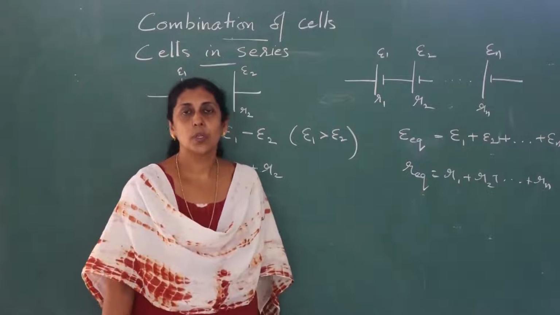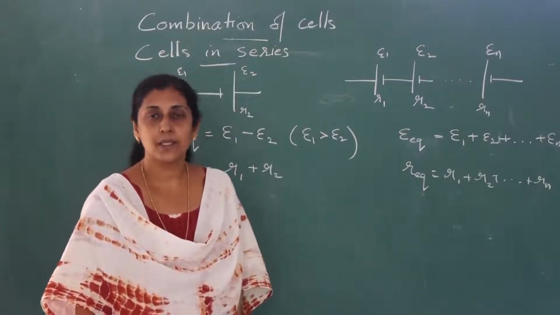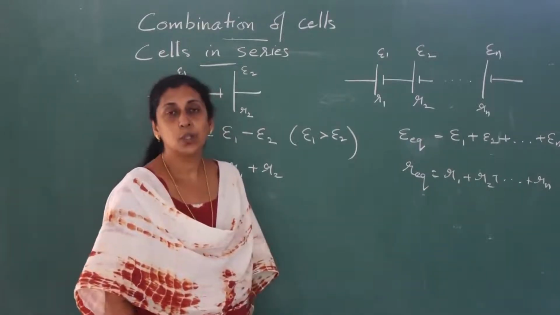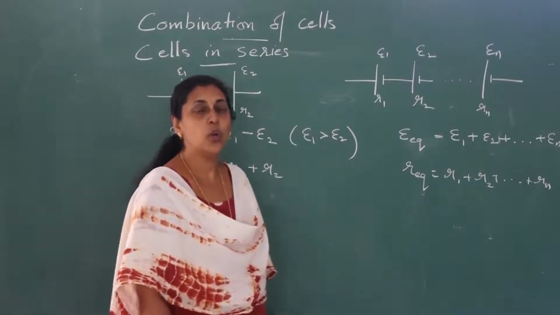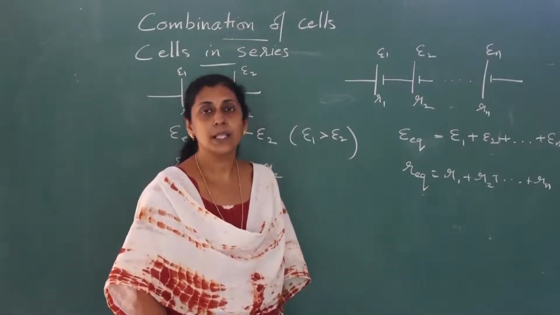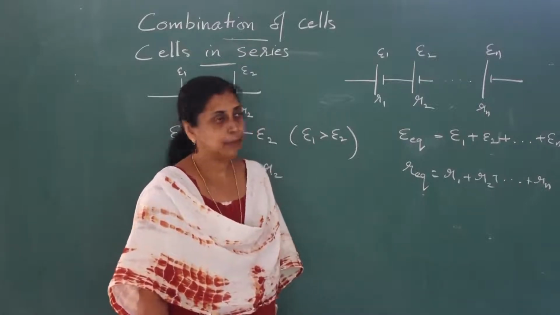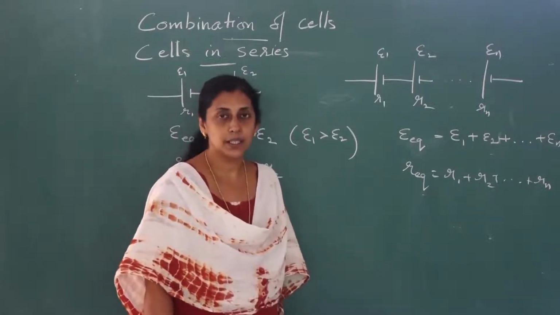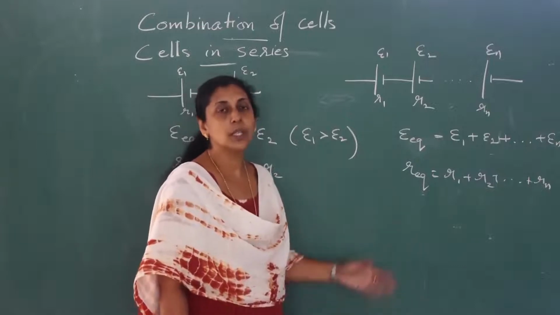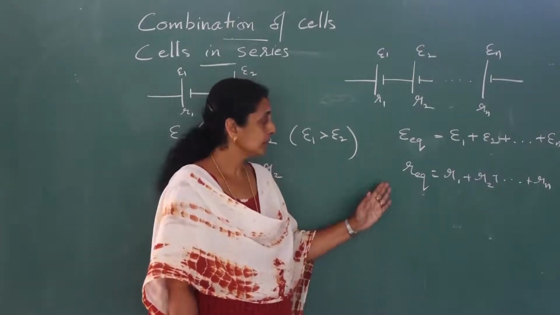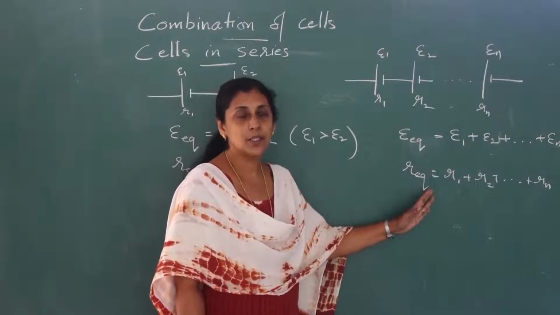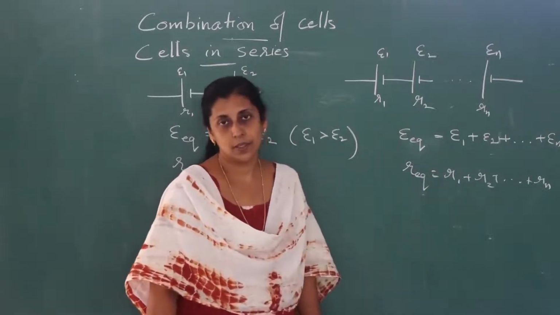So when we have cells combined in series, the equivalent EMF of the combination is an algebraic sum of the EMFs of the individual cells, and the equivalent internal resistance of the combination is an algebraic sum of the internal resistances of the individual cells.